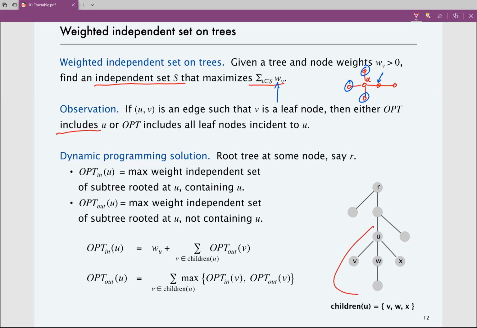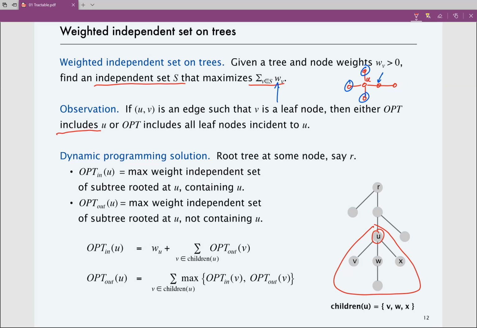So for this subtree rooted at U, opt-in of U says that we are definitely going to include U in the independent set. Having decided to include U, we now look for the maximum weight independent set in this subtree.